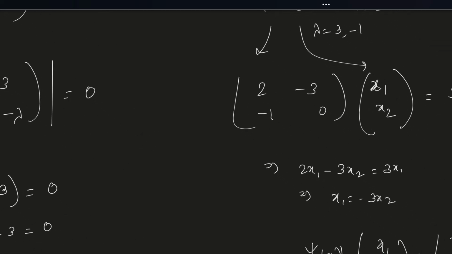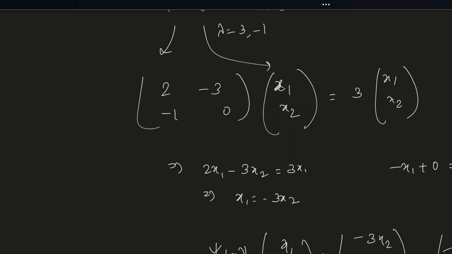Now this is in a bracket form, and you can take it in bracket notation. This corresponds to the state 1 and this corresponds to the state 2. So this is minus 3 |1> plus |2>. Now you also have to normalize, because otherwise you cannot represent a real state.